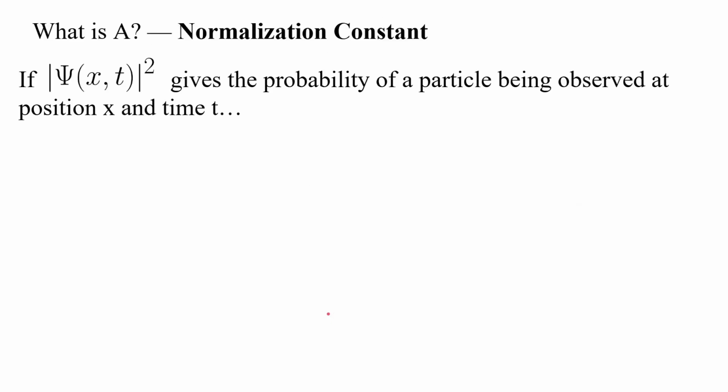Now, what is this a here? This a is what's called the normalization constant. If you think about what this magnitude squared means, it's the probability of the particle being observed at a position x at time t, right?